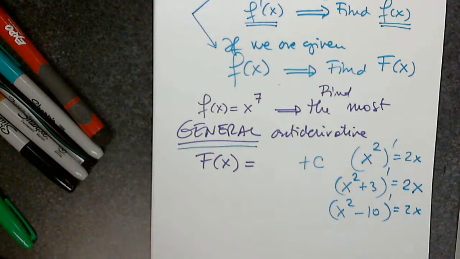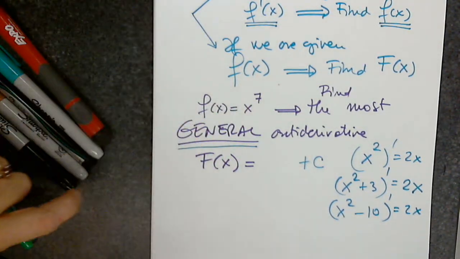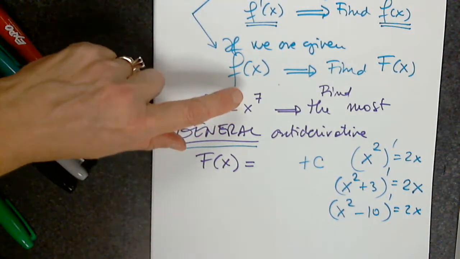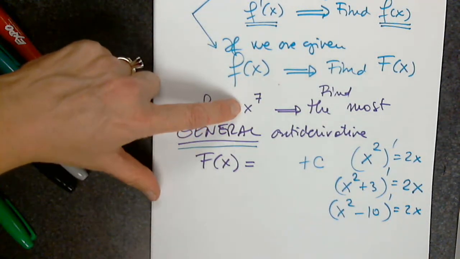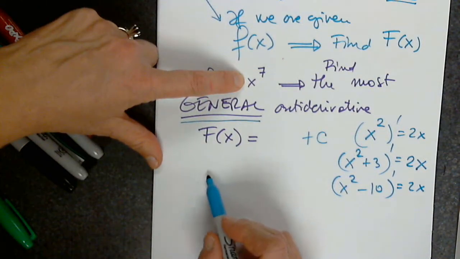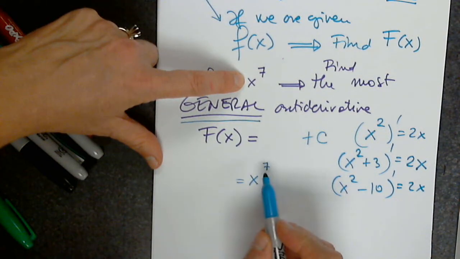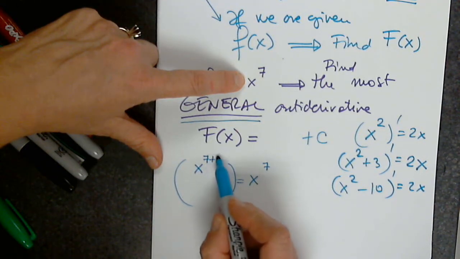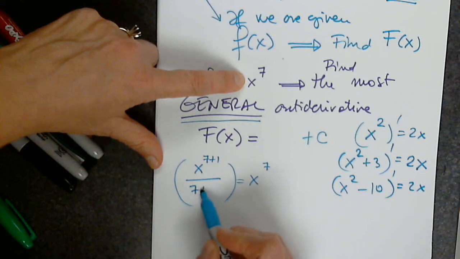So now the question is, how do I determine the simplest possible antiderivative of this? So here is how we determine it. How do I get x to the 7th? Well, by simply differentiating x to the 7 plus 1 over 7 plus 1.